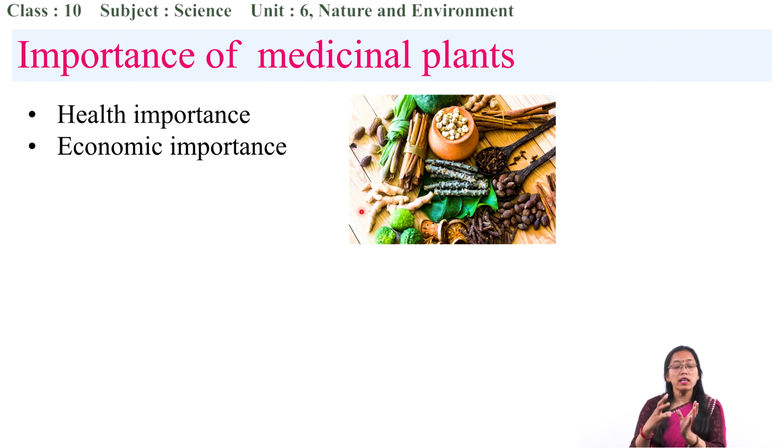By cultivating medicinal plants, we can earn money for our livelihood, and if we commercialize these medicinal plants, we can even open an Ayurvedic medicine factory that helps to improve the economic condition of the country. So it has much more economic value also.